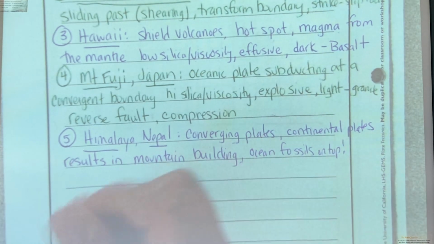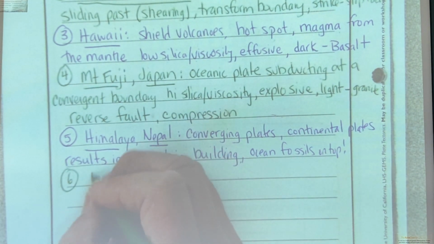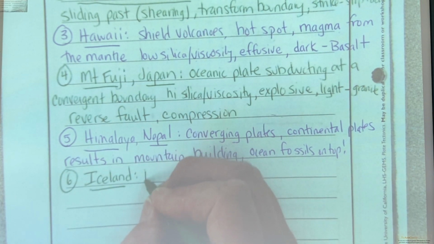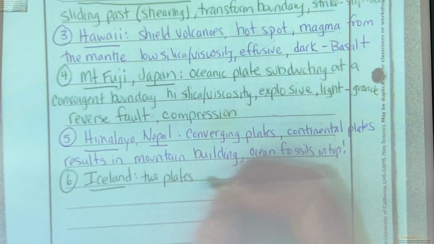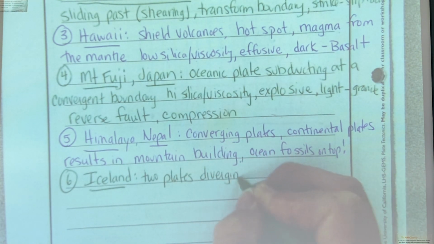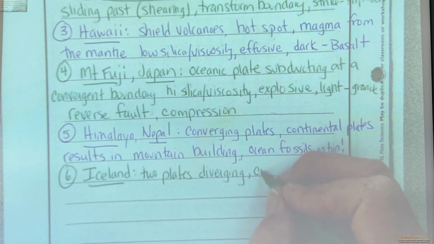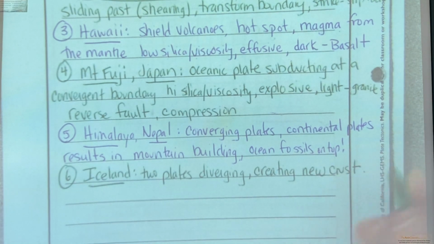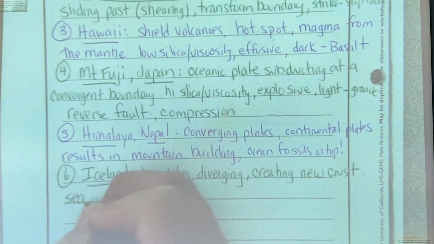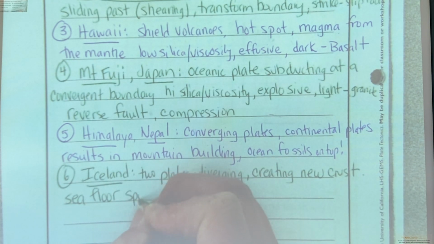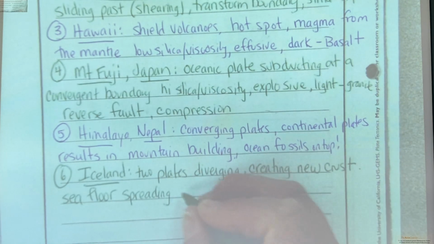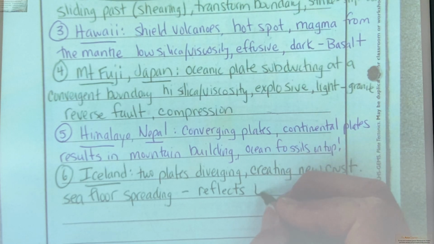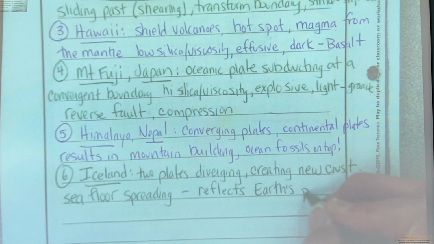Next, we have Iceland. And in Iceland, we saw two plates happen to be oceanic, diverging, which means they are moving away from each other. It's creating new crust. We see the seafloor spreading. And the cooling of this seafloor that's coming up new reflects the Earth's polarity at the time.